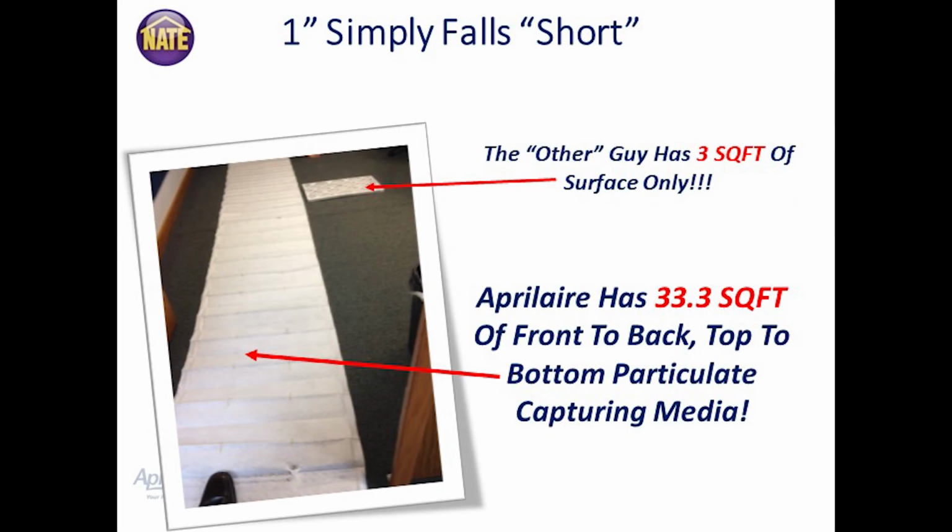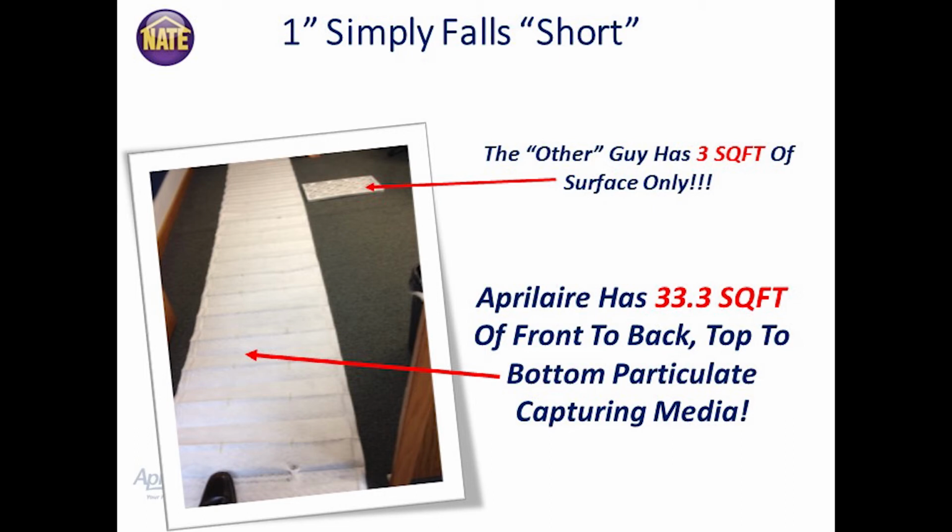I like this picture a lot. In the foreground, you can see a foot, and that's holding down the filter media for one of our filters. We've cut the ribbons out and unfurled it like a sidewalk. And then in the background there, you can see a standard, let's say, 16 by 25 inch filter, which has about 3 square feet of surface area. That's probably about what that is, as opposed to the AprilAire filter of the same size with 10 times that much surface area.